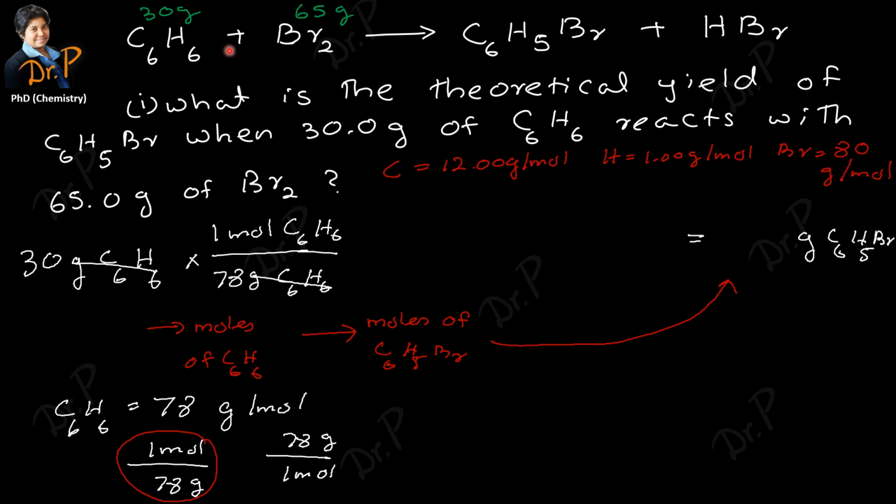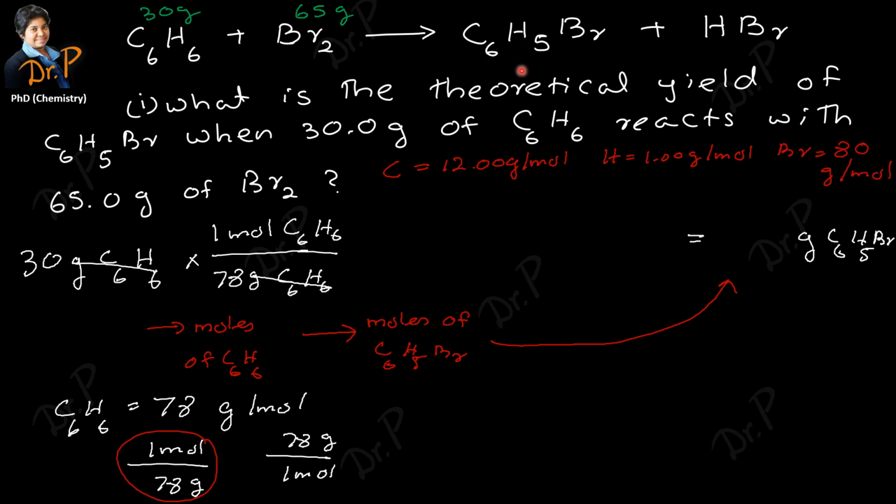To do that, I have to go to the balanced equation. This equation doesn't need any more balancing because it is balanced itself. According to this balanced equation, 1 mole of benzene produces 1 mole of bromobenzene.